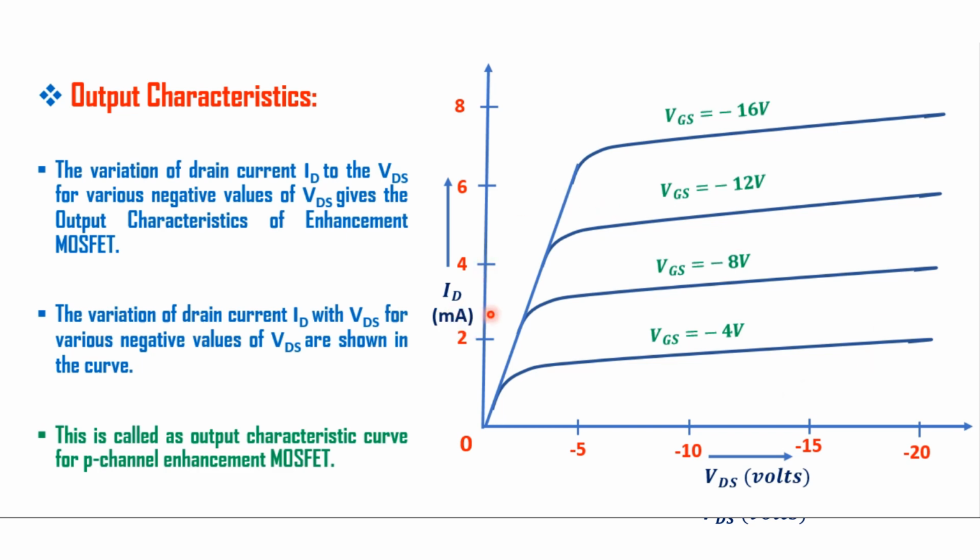The drain current increases slowly at the beginning, and then beyond a certain value of drain to source voltage the drain current remains practically constant. These curves, shown in this figure, are called output characteristics or drain characteristics of the P-channel enhancement MOSFET.